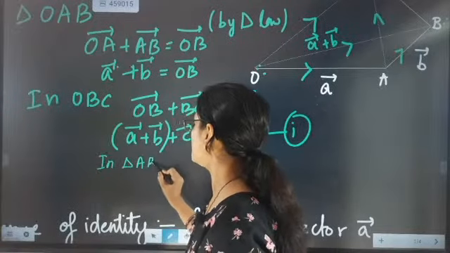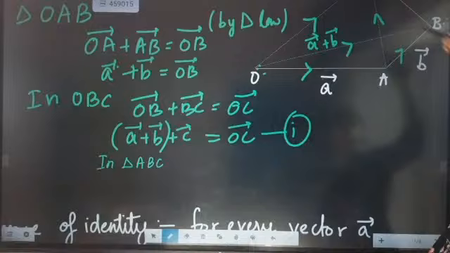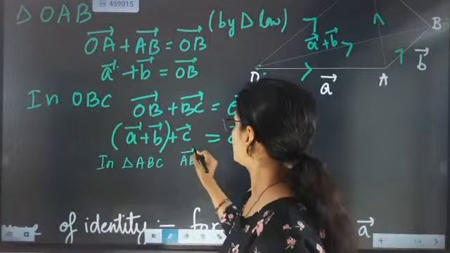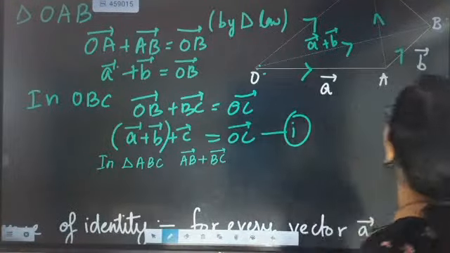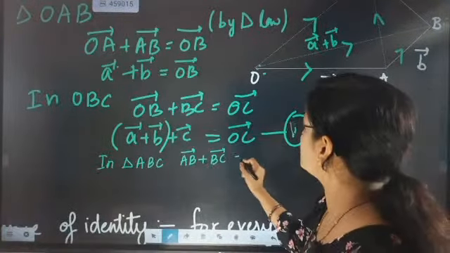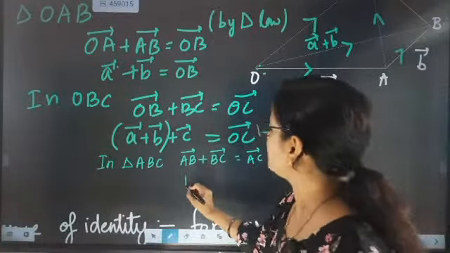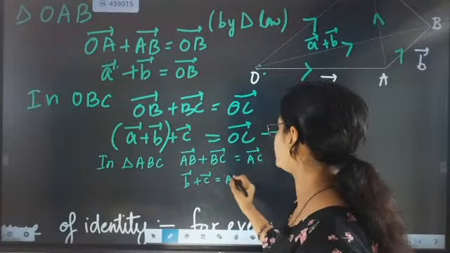In triangle ABC, again the arm will be followed: AB plus BC. AB vector plus BC vector will be equal to AC vector. So this time I am having B vector plus C vector will be equal to AC vector.